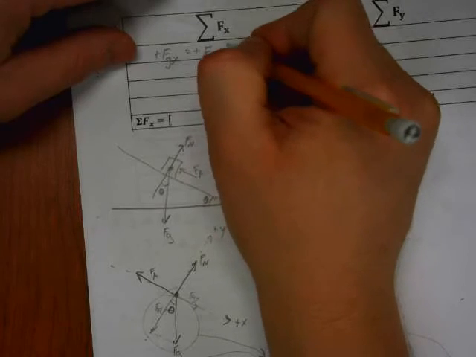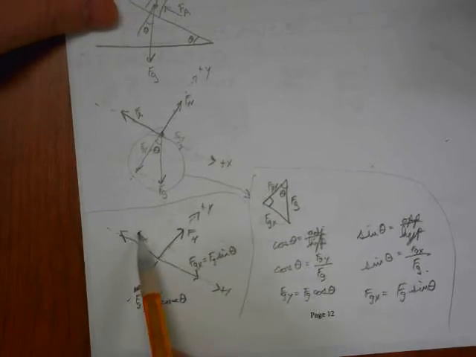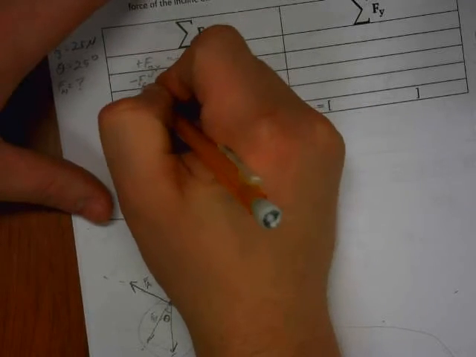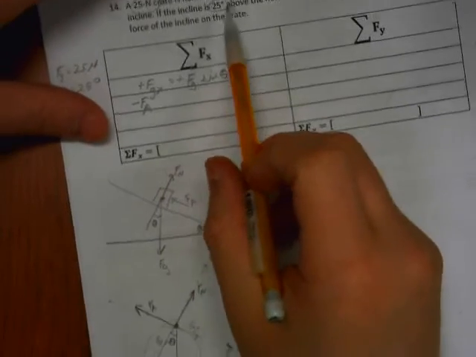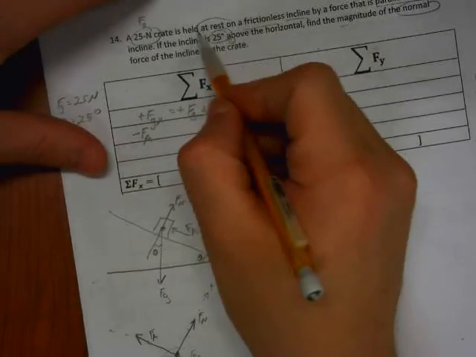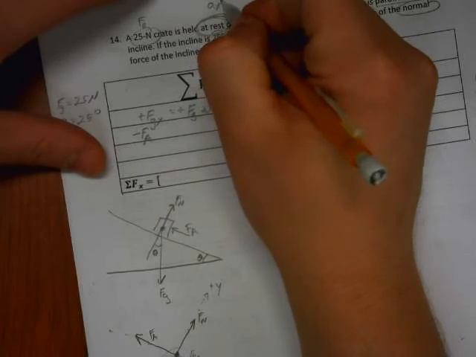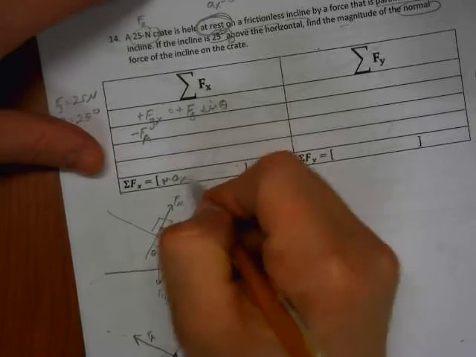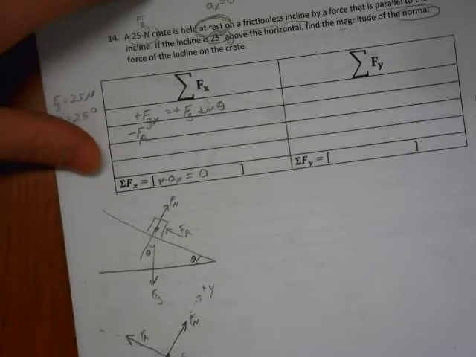Now we also have the other force, which is the force applied. That is in the negative x direction, so I'm going to put a negative there. And we know that the crate is held at rest, so it's not moving. So ax must equal 0. So when we sum all these forces, they're equal to mass times acceleration in the x direction, as usual, but that's going to equal 0.